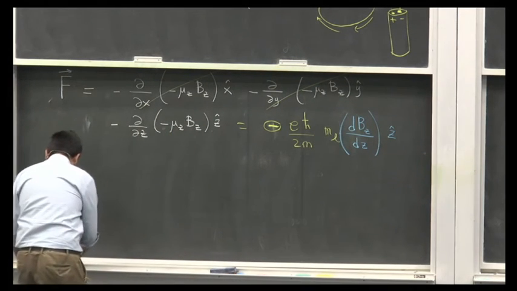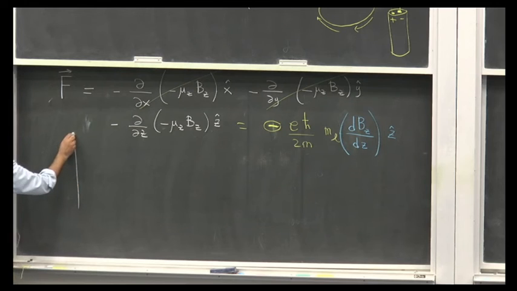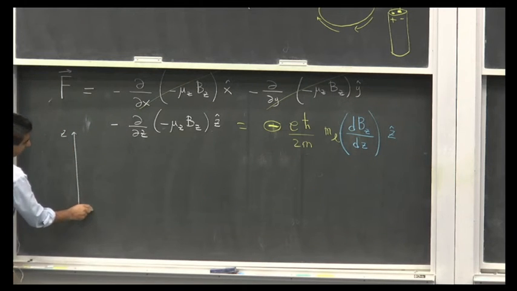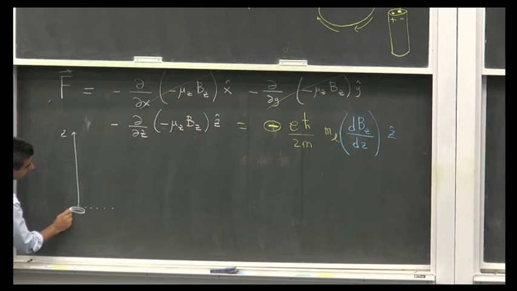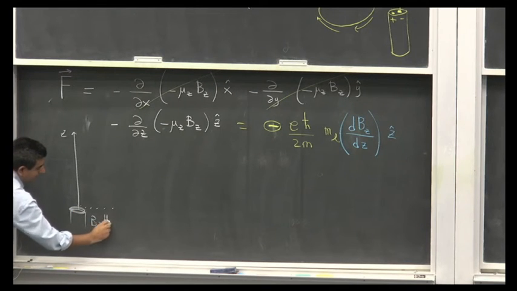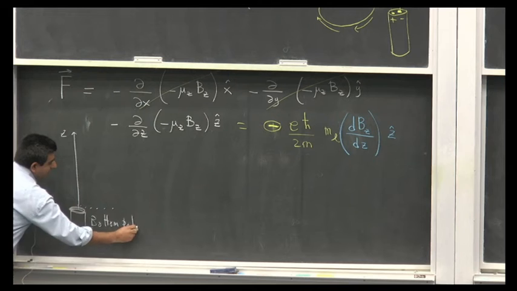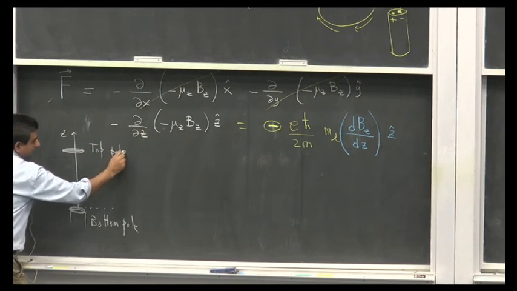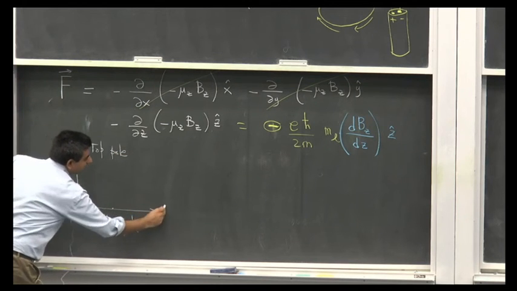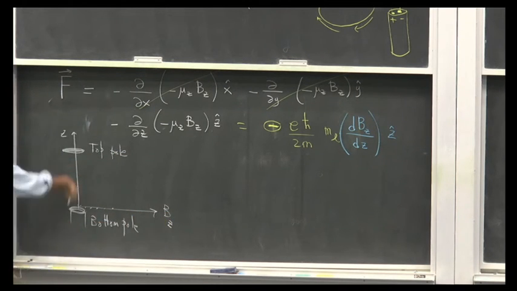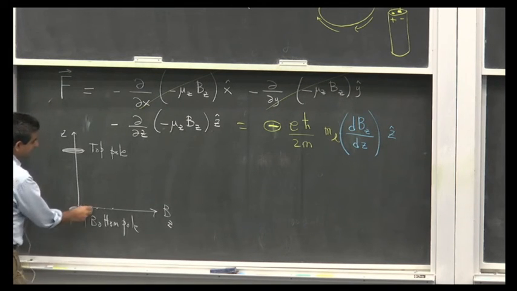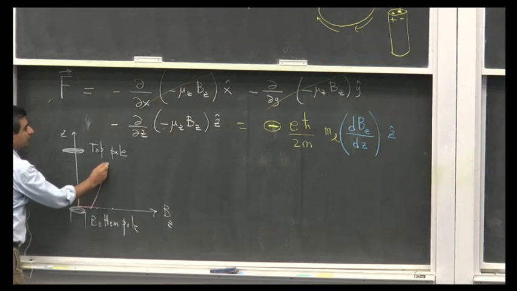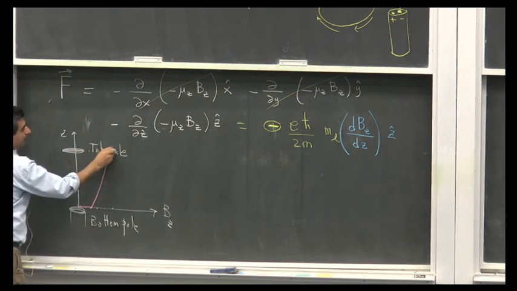So, if this is my z-axis, this is the bottom pole, this is the top pole. If I plot bz with respect to z, then bz has some value at the bottom pole and it constantly goes up at the top pole.